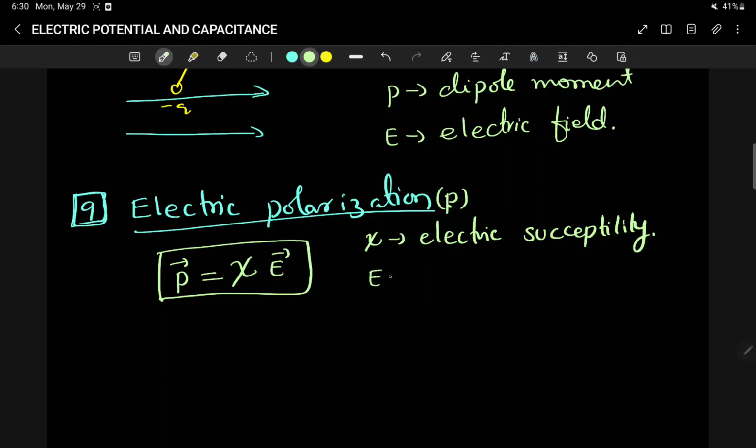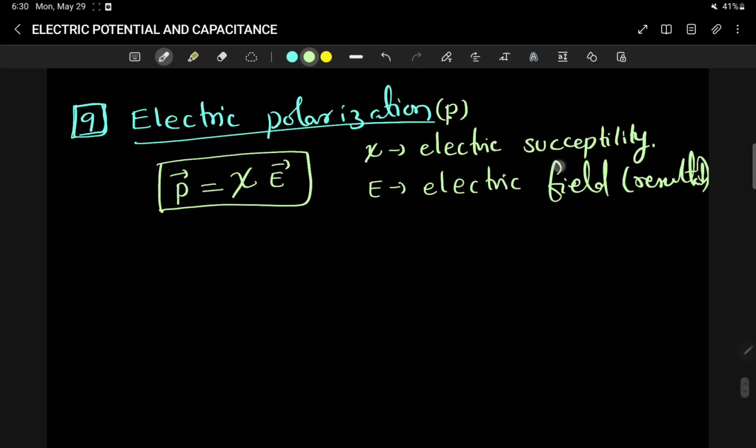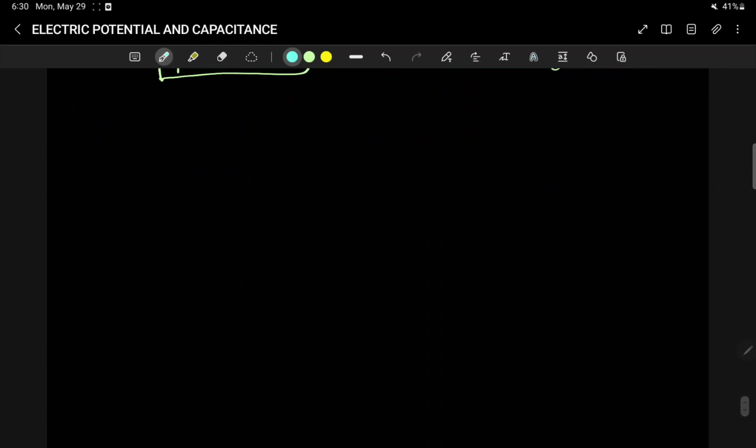E is called electric field strength, the resultant electric field. Okay, this is the resultant electric field. Now, next one we have the capacitance concept.